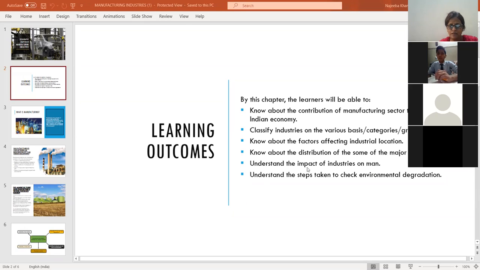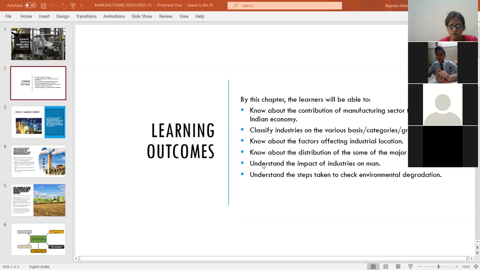Then understand the impact of industries on man. Obviously, you know that industrial pollution is also increasing day by day, and because of that, we can say that global warming is one of the reasons. So how industries are affecting man or human beings, that we are going to understand. Then we will understand the steps taken to check environmental degradation, as we have to combat the impact of industries.